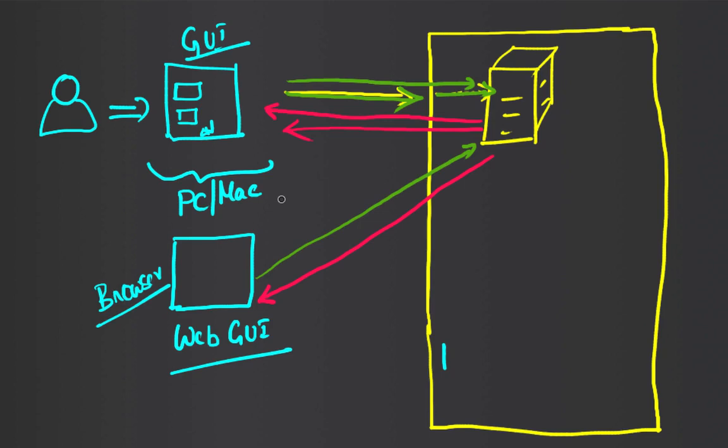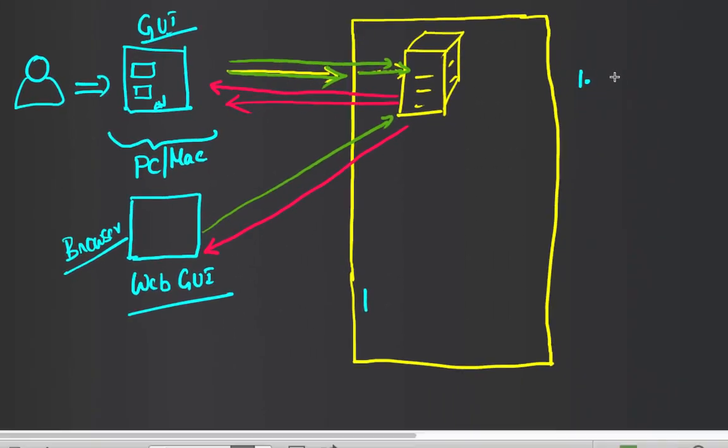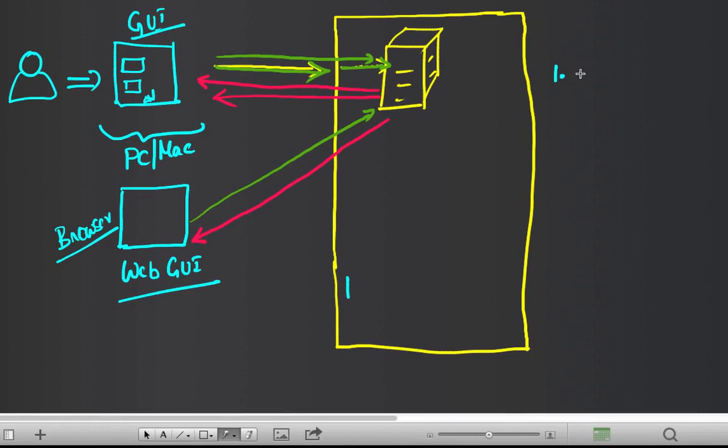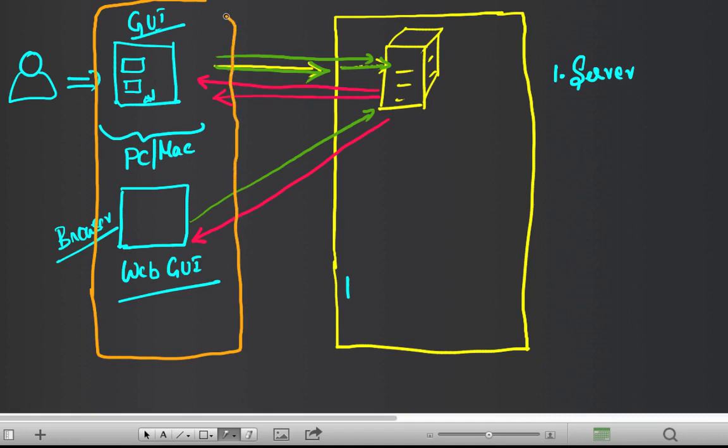There are a couple of things happening here. The first thing is that all the processing is happening on the server. It's not happening on the client. If I want to divide all this into layers, this is my client layer, and this is the server.